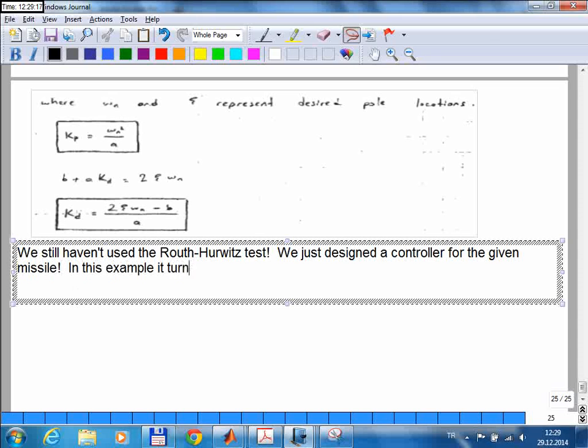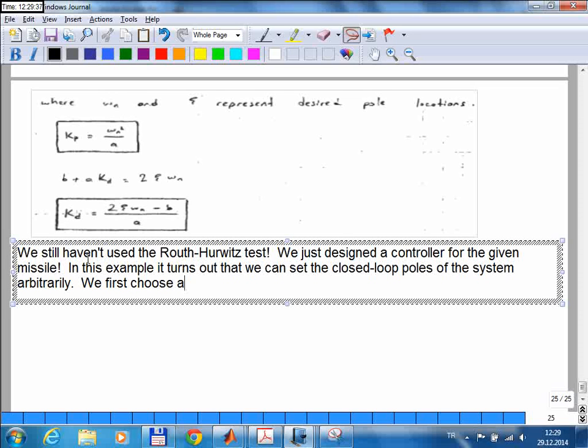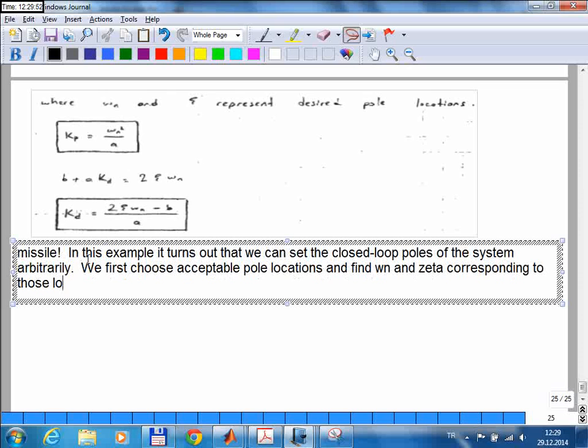In this example, we first choose acceptable pole locations and find omega n and zeta corresponding to those locations.